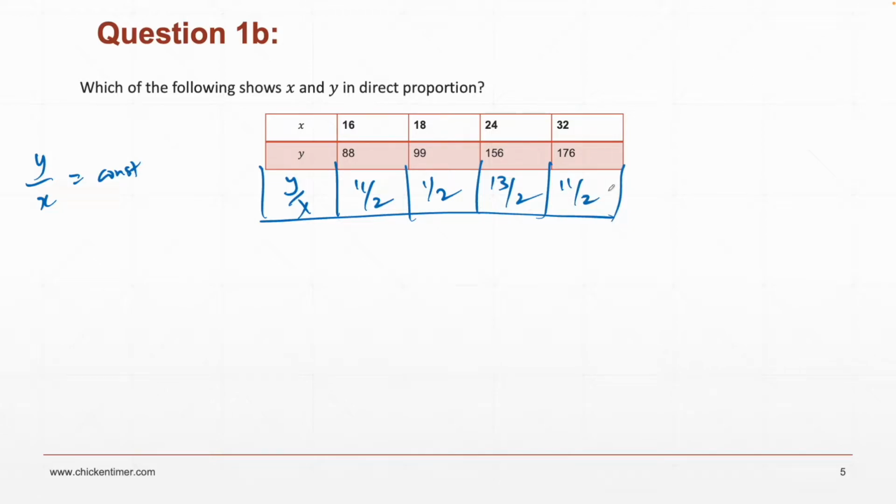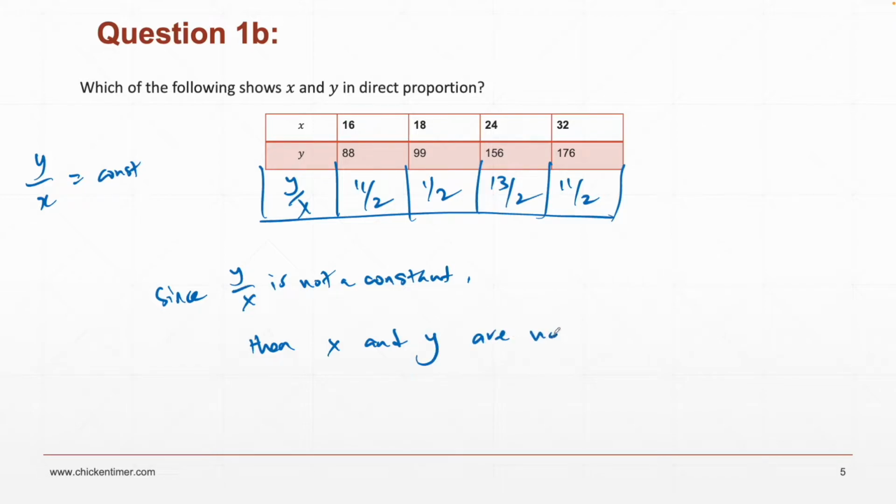In this case, you see that not all the Y over X is a constant. So we can say, since Y over X is not a constant, then X and Y are not in direct proportion. That's how you show it if you get a table like this.